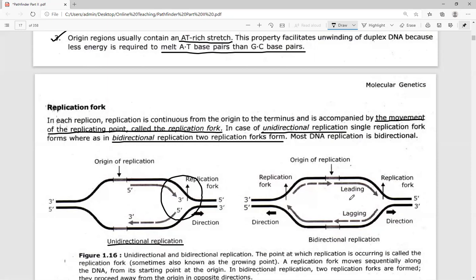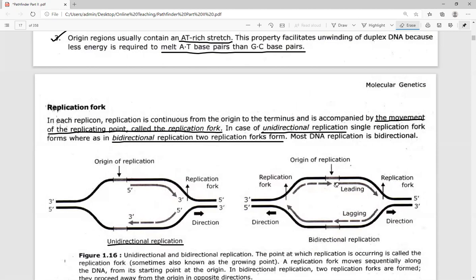When replication forks are produced in both directions, in the forward direction as well as in the opposite direction, such replication forks are referred to as bidirectional replication forks.